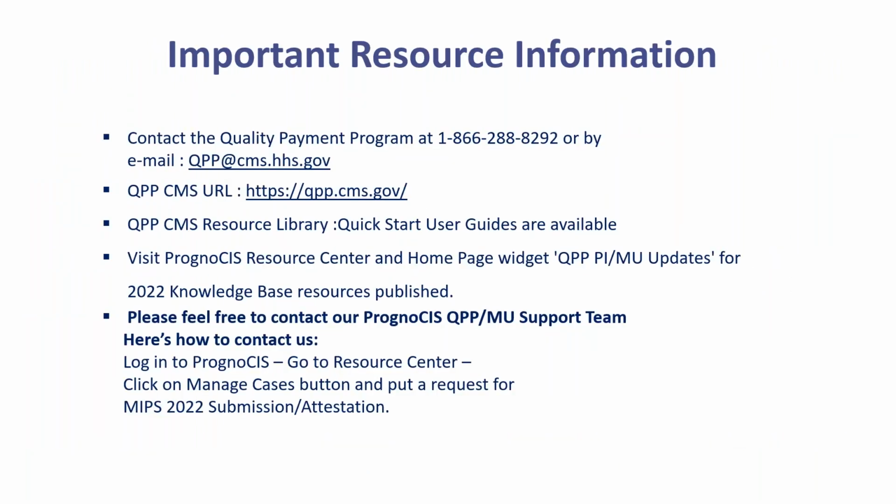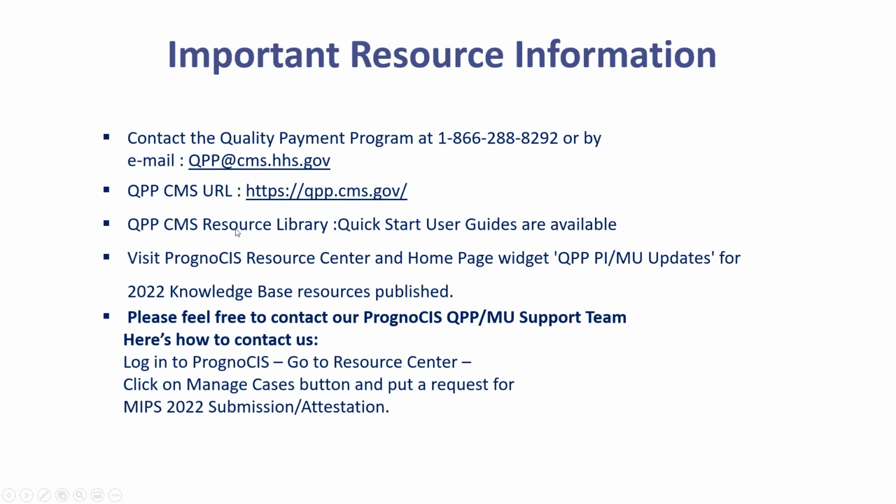So important resource information that you may need or want to have handy is the QPP program phone number and their website, their email. And then right below that, we have the website information.